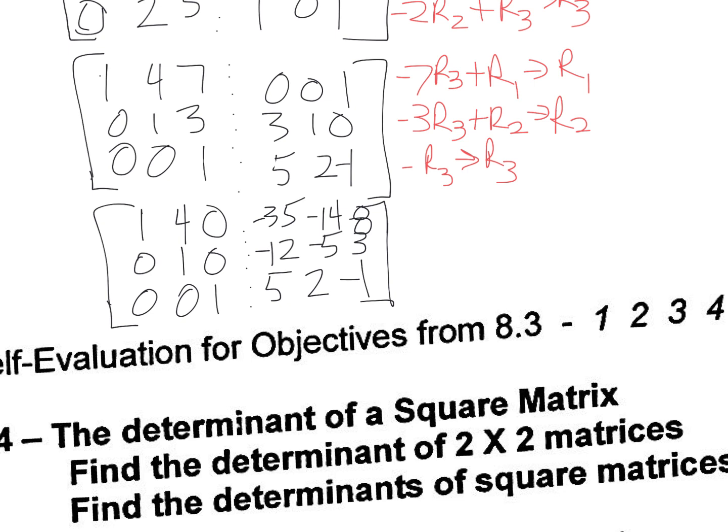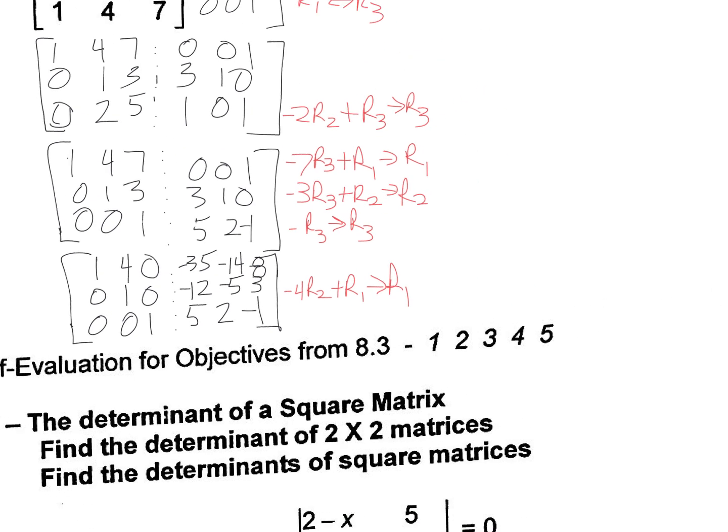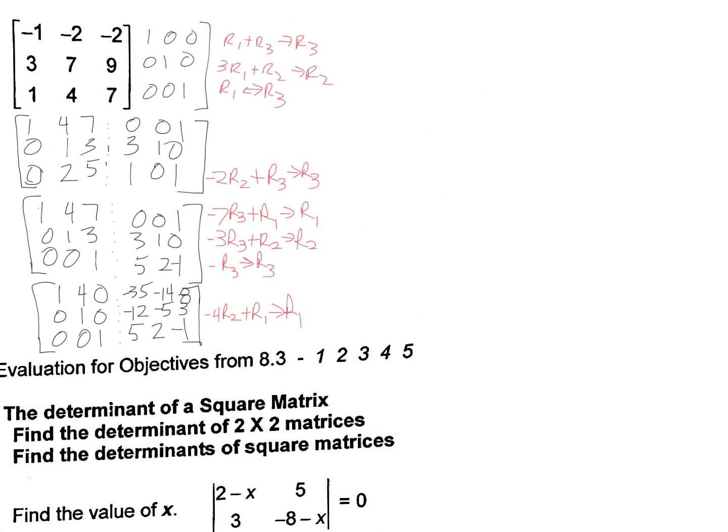Lastly, we need to get rid of this 4 here. To get rid of the 4, we have to use the second row. So we're going to go negative 4R2 plus R1 gives us a new R1. And zoom out. Do the work over here.